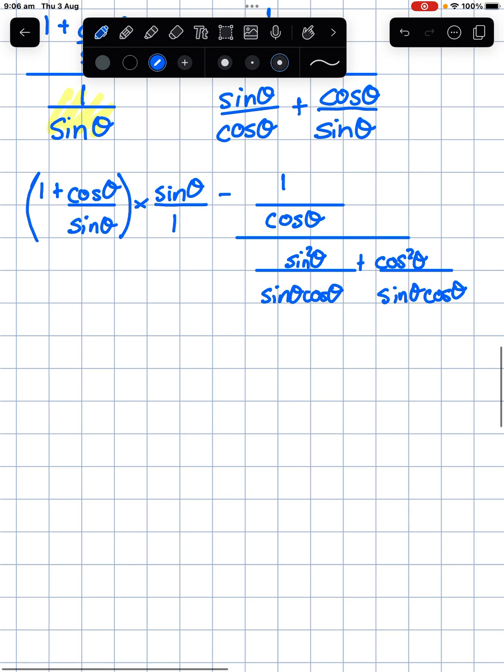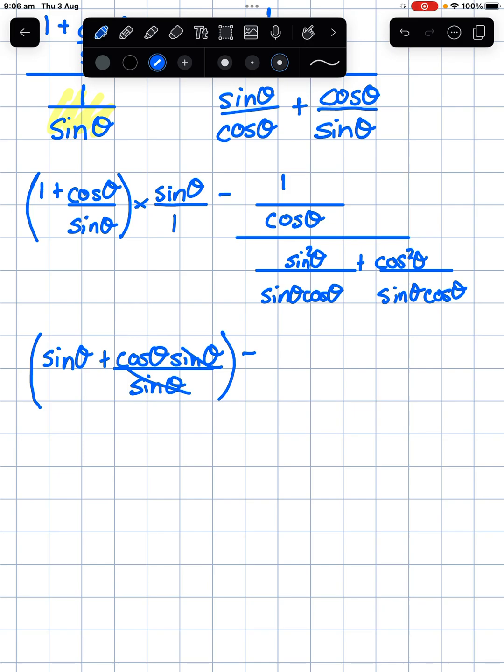So let's expand the left-hand side of this bracket. We've got sine theta, we've multiplied with that first one, and then this second one, when we multiply in the distributive law, we're going to have cosine theta times sine theta, but it's divided by sine. Well, let's just write it out actually. Cosine theta over sine theta over sine theta means that our sine thetas there cancel out. That's good.